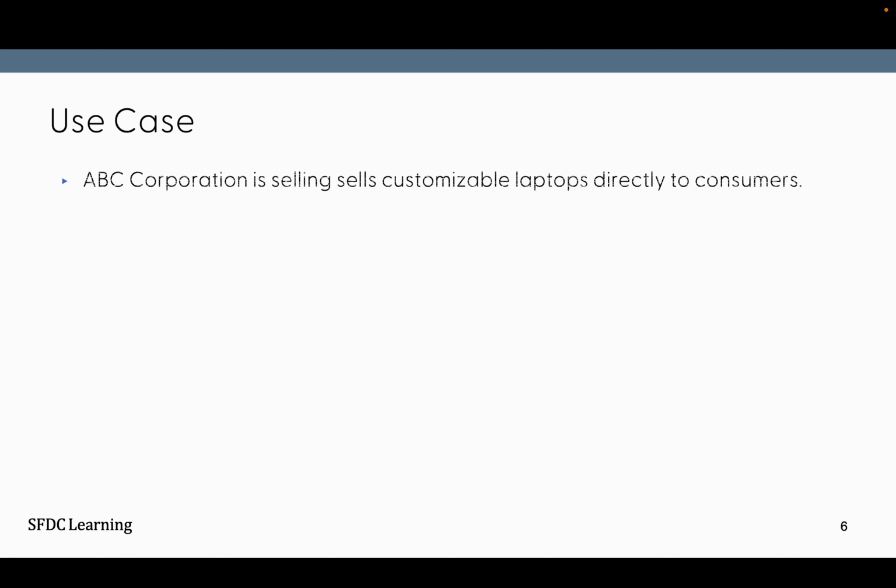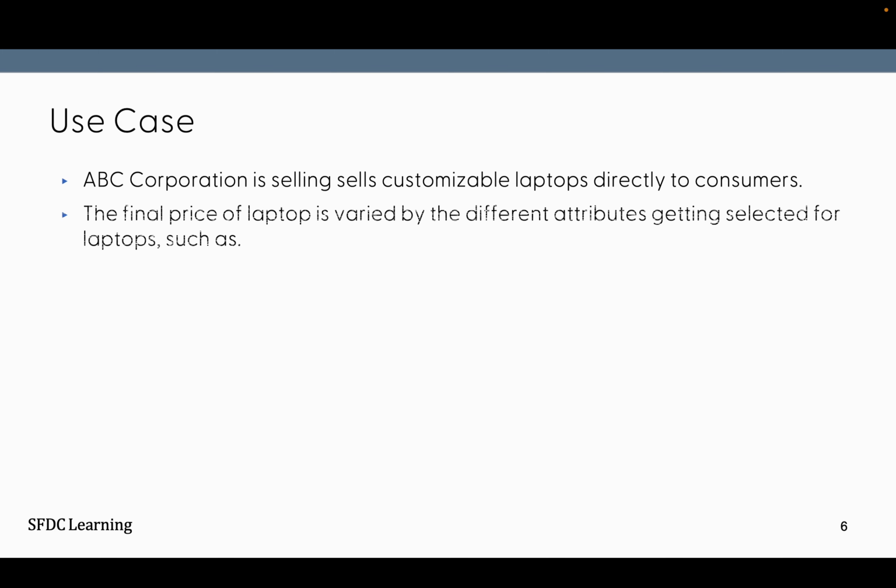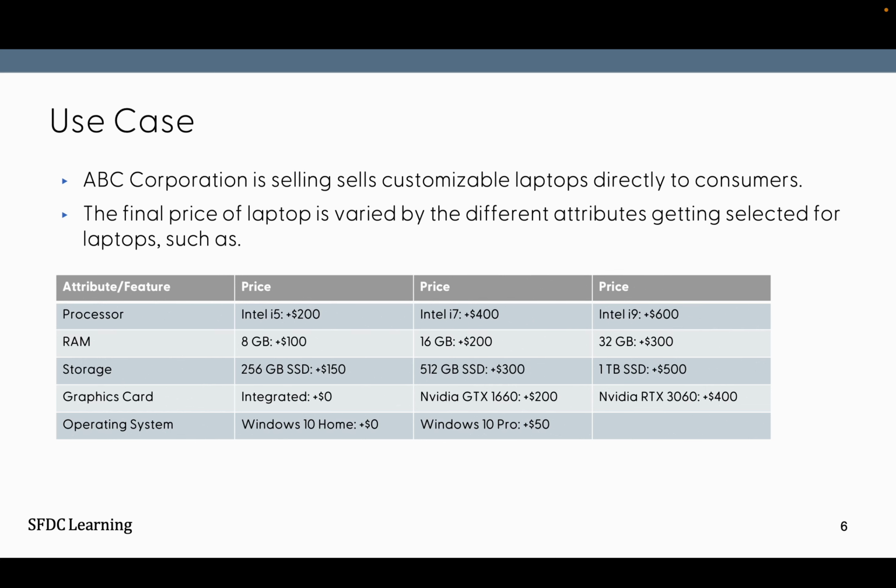Now let's see the use case. ABC Corporation is selling customizable laptops directly to the customer or consumer. The final price of the laptop varies based on the different attributes selected for the laptop.